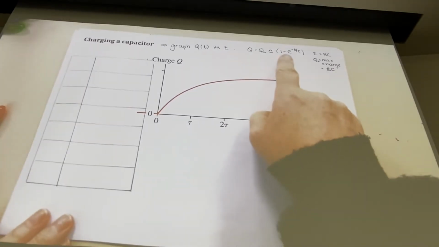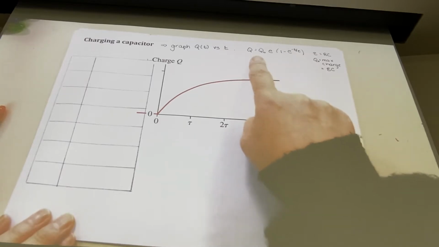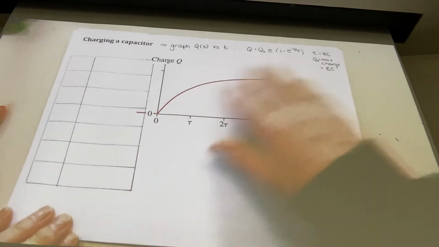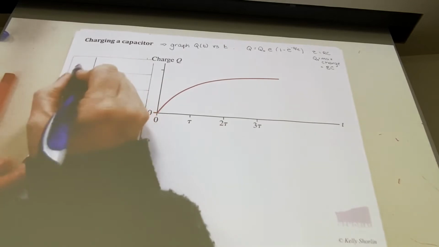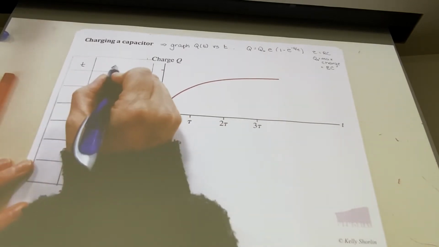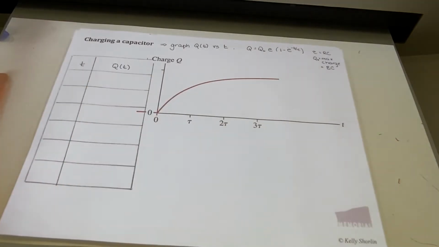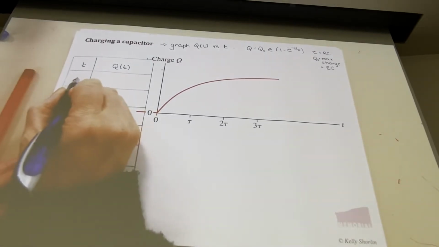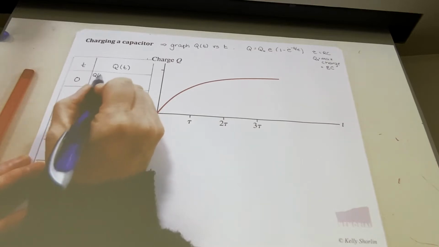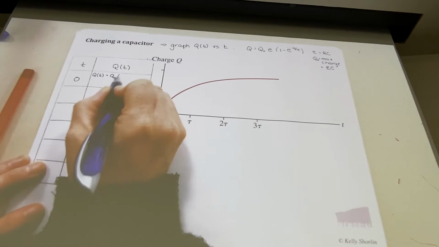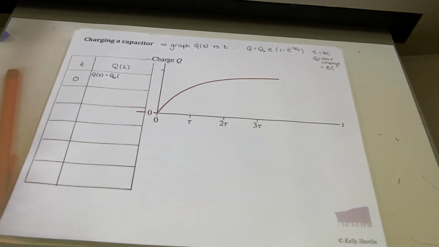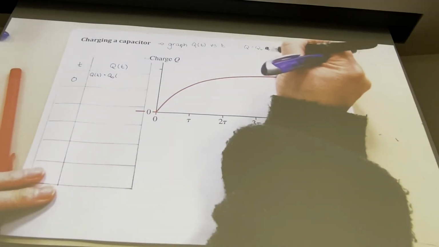Let's use this equation to figure out the relative fraction of our charge over time. For our first value, in this table, I'm going to put t here, and I'm going to put my charge as a function of time in this column. So let's do what happens at t equals 0 first. So if t equals 0, our charge, Q of t, is equal to Q0 times 1 minus e to the minus 0 divided by tau. I put a stray e up here in this equation.